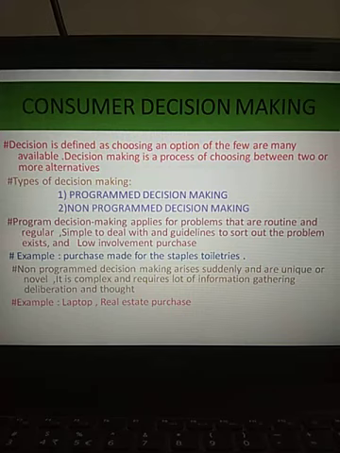So overall, what we have learned here is that there are two types of decision making: one is called programmed decision making, and the other is non-programmed decision making. The difficult phase for every consumer in taking a decision is nothing but non-programmed kinds of situations.